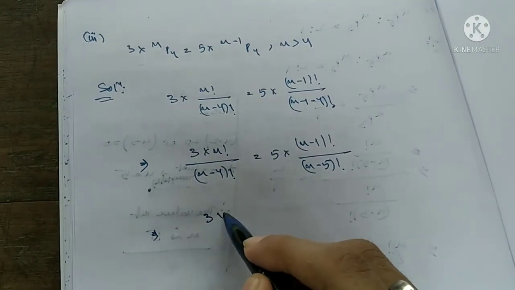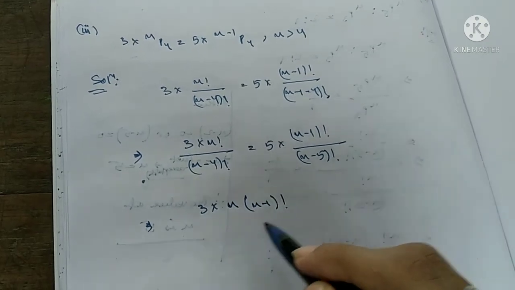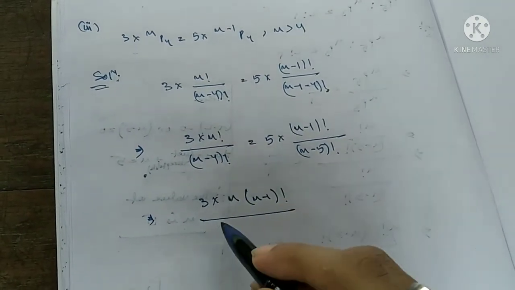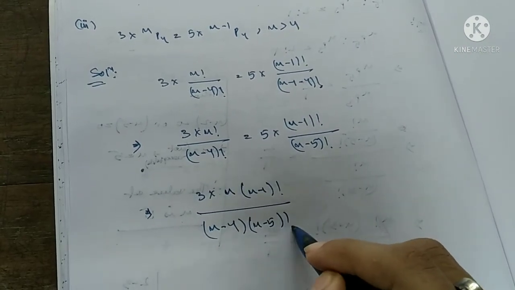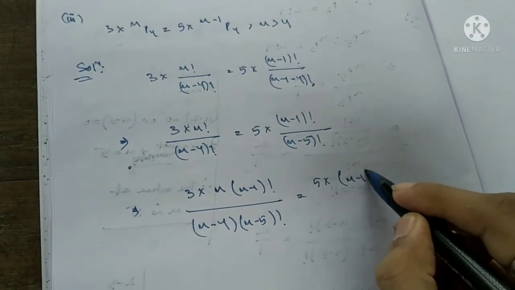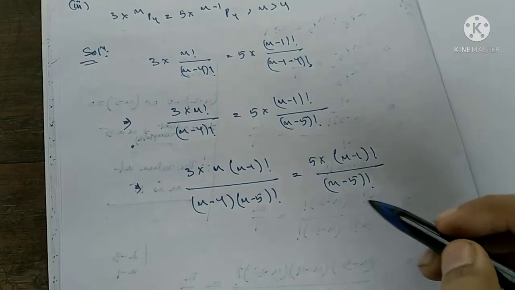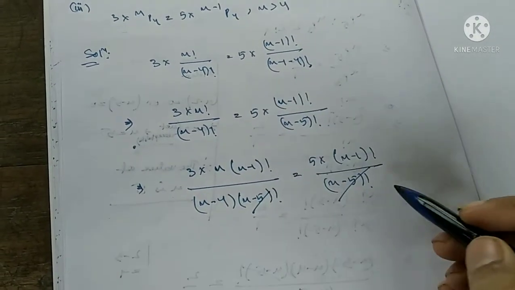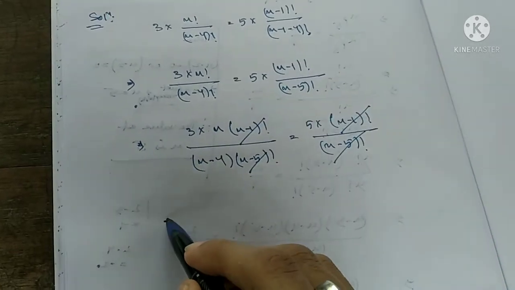So in here, 3 into n factorial I can write as n into (n minus 1) factorial, and (n minus 4) factorial I can write as (n minus 4) into (n minus 5) factorial, equals 5 into (n minus 1) factorial by (n minus 5) factorial. (n minus 5) factorial cut, (n minus 1) factorial cut.